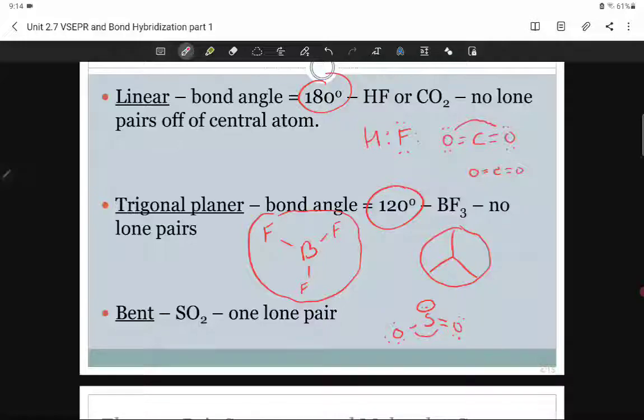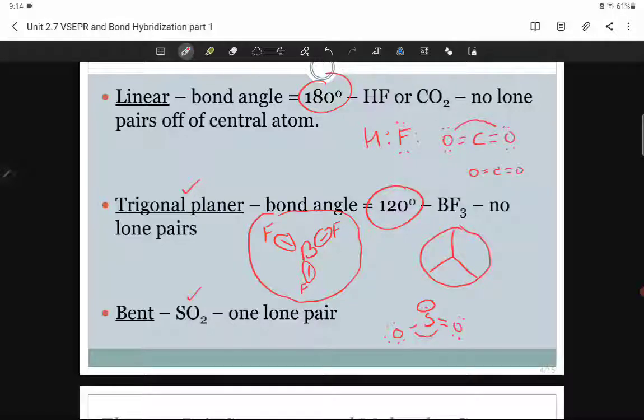And if you look here, we're going to talk a lot more about this. It actually is not that much different from the trigonal planar. Trigonal planar has 1, 2, 3 spots that electrons are coming off the central atom. We call those spots domains.